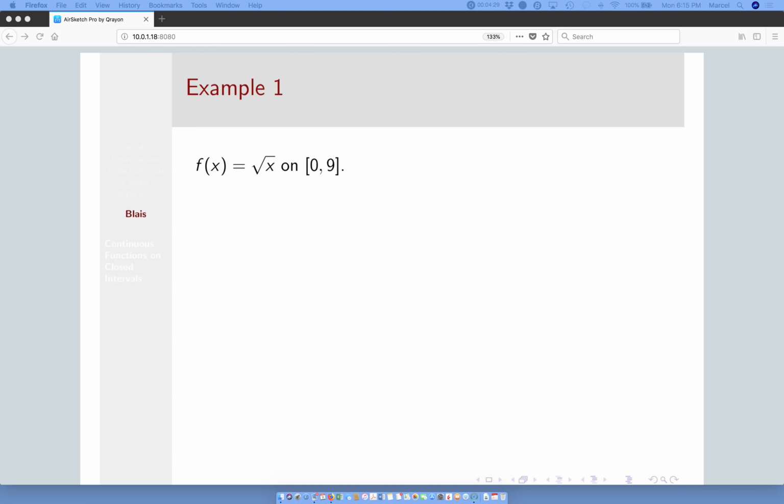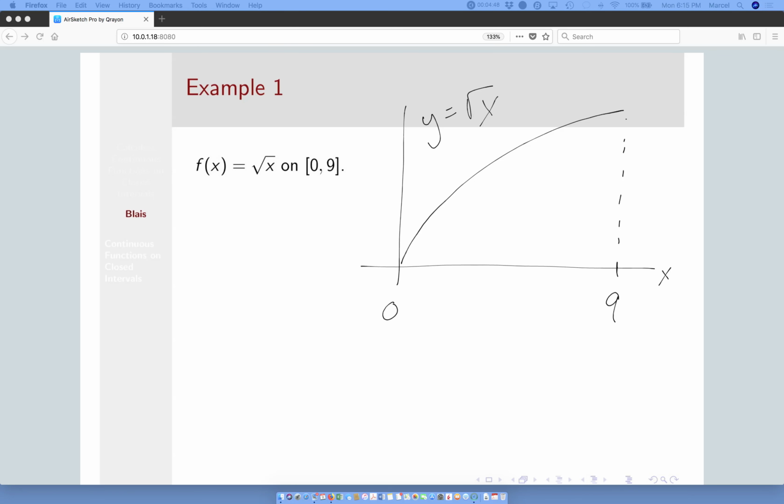As an example, f of x is the square root of x, and this would be an example if we're confining ourselves to the interval [0, 9]. And so this function is continuous for all the values between 0 and 9, and then there's no issues here at 9.